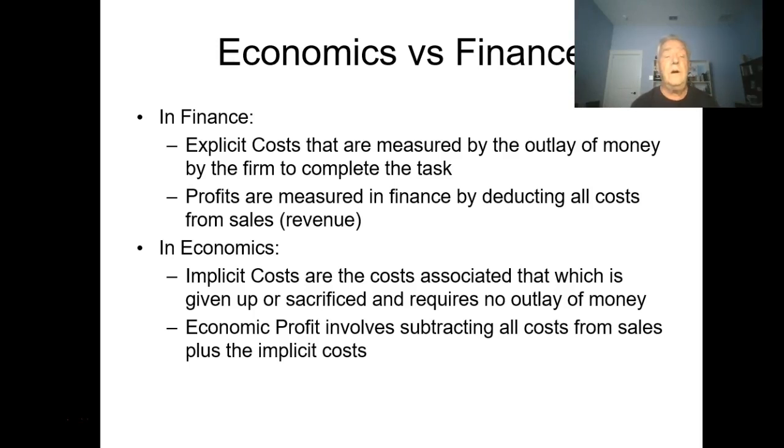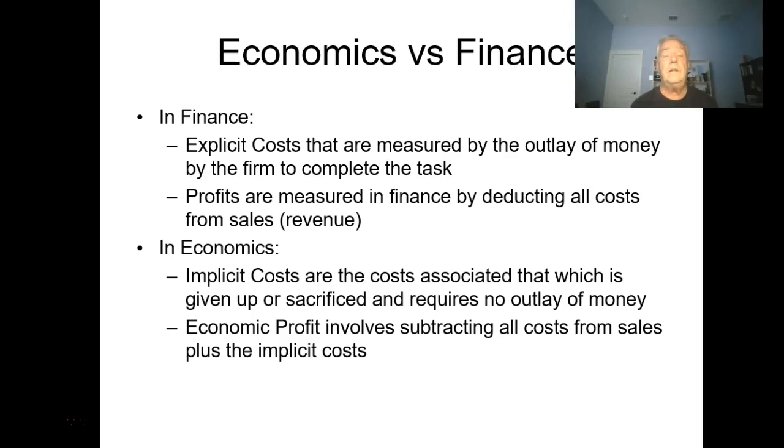When we talk about implicit costs in economics, we mean what is the cost of what he gave up by having a job compared to what he's going to incur in his own business? Or if you want to look at it another way, the implicit cost would be the free time he now has by not having to go to work versus the amount of time he's going to use to start this whole new business.